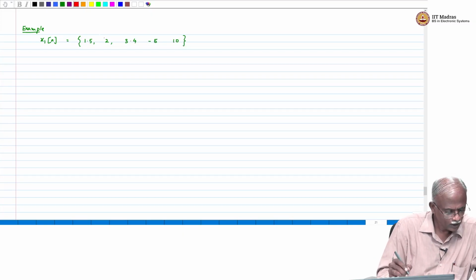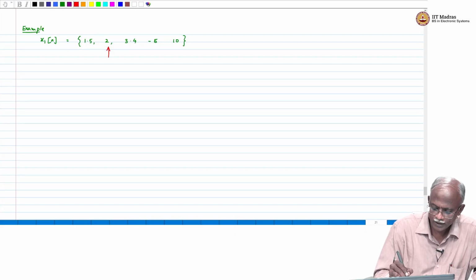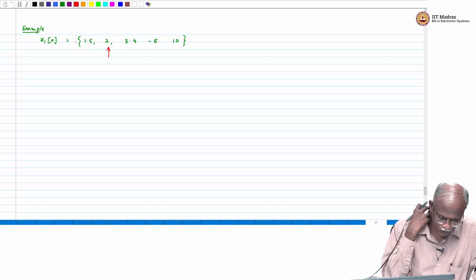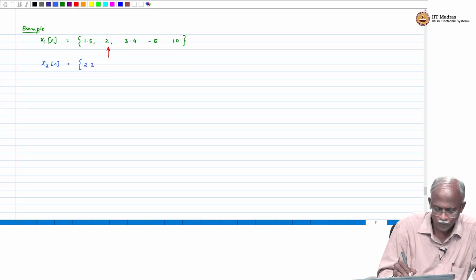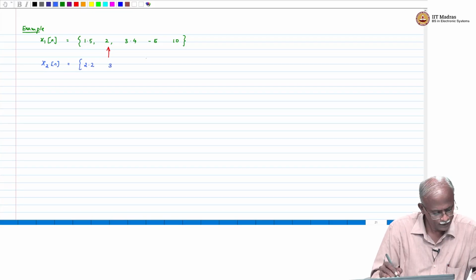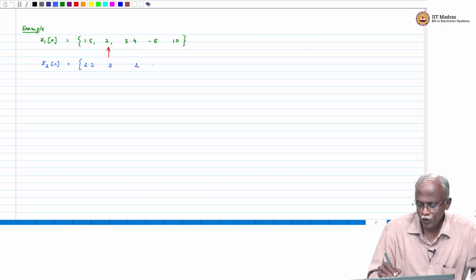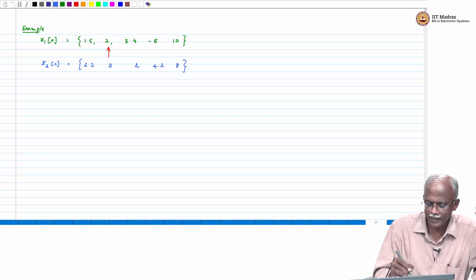And the origin we must specify is at the sample where the value is equal to 2. Then you have a second sequence, x2 of n, equal to 2.2, 3, 2, 4.2 and 8. Again, just to make it a little bit interesting.